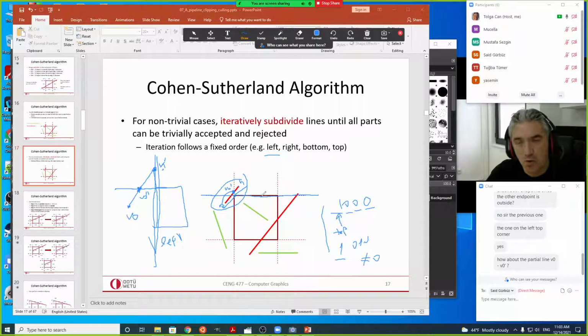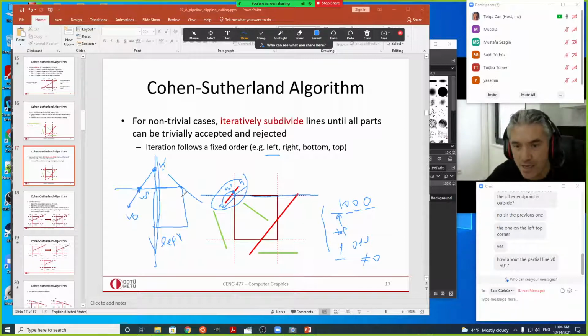As I said, the most extreme case is where we have a line passing through a corner of this clipping window. What will happen to this one? Should this be trivially rejected? No. This point at the corner will be the final clipped thing that remains, and it will be trivially accepted at that point.